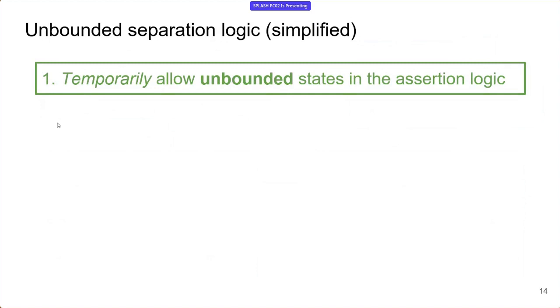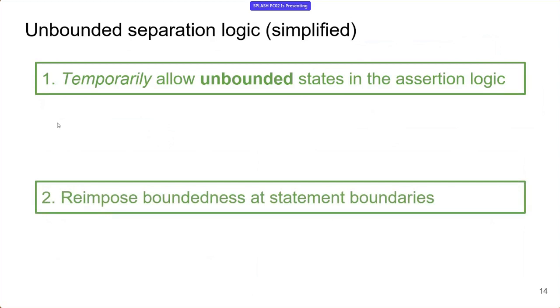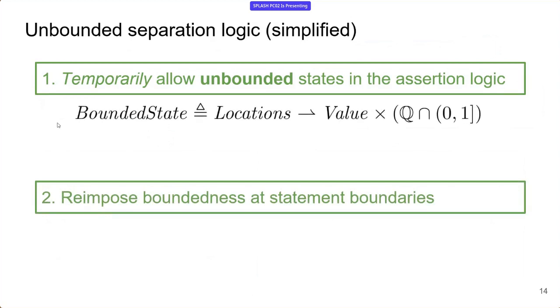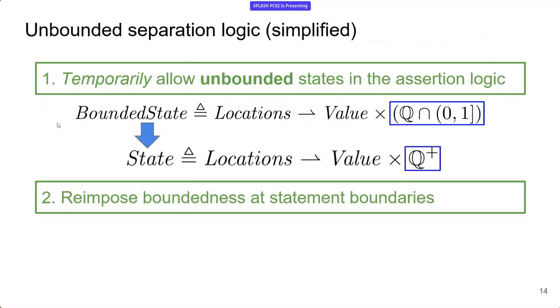So in a simplified description, there are two key ingredients to unbounded separation logic. First, we temporarily allow unbounded states in the assertion logic. And the second one is that we reimpose boundedness at statement boundaries. We achieve the first one by moving on from this definition of bounded states, bounded because the permissions can be only between 0 and 1, to a new notion of states where the permissions can be any fractional permission that is positive.